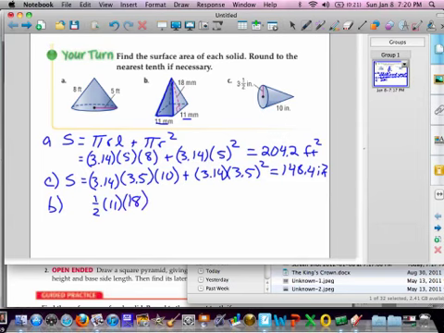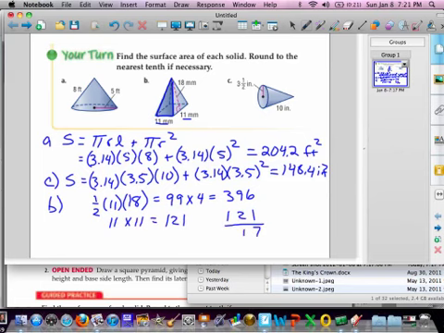Half of 18 is 9, times 11 is 99, but there are 4 of those, so that would be 396. And then my base is going to be 11 times 11, which is 121. If I add those together, 7, carry, 517, and we're talking about millimeters squared.